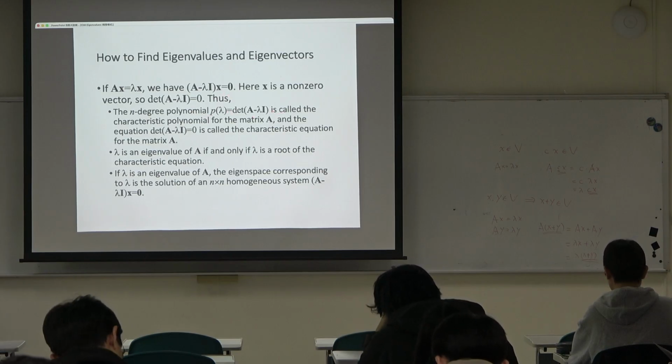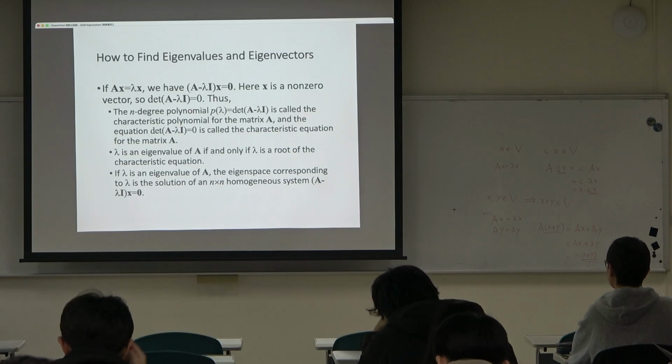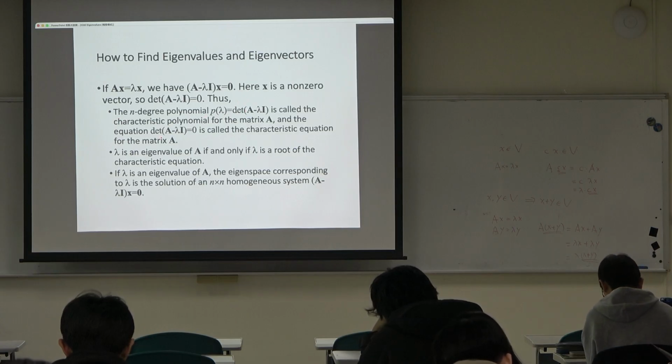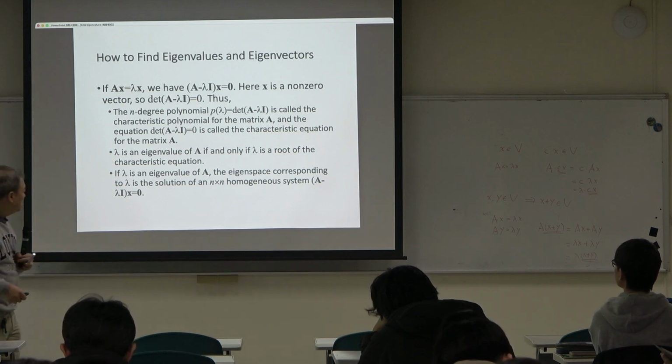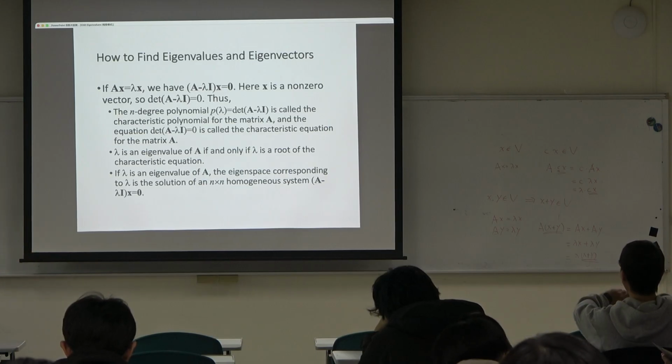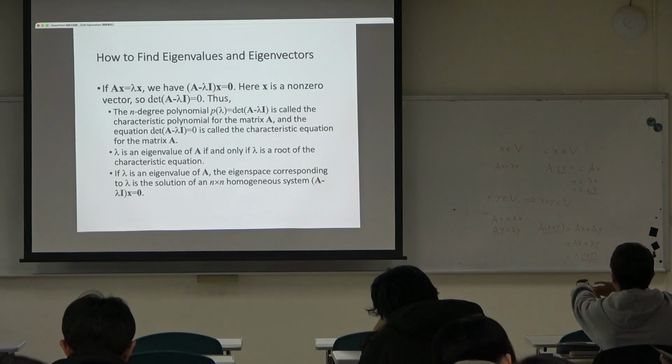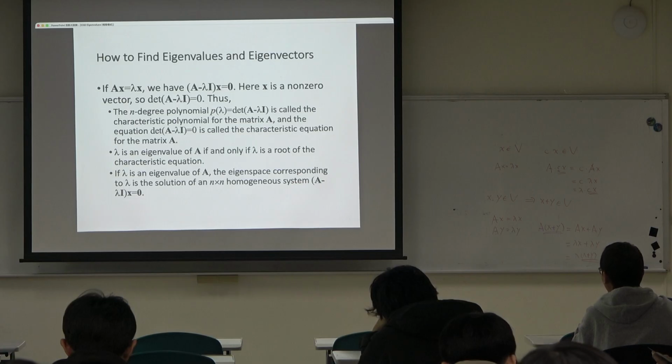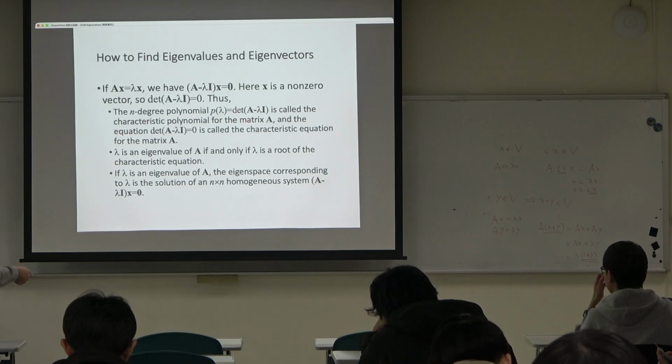We call that particular polynomial the characteristic polynomial of the matrix A. The equation determinant of (A minus lambda I) equals 0 is called the characteristic equation.